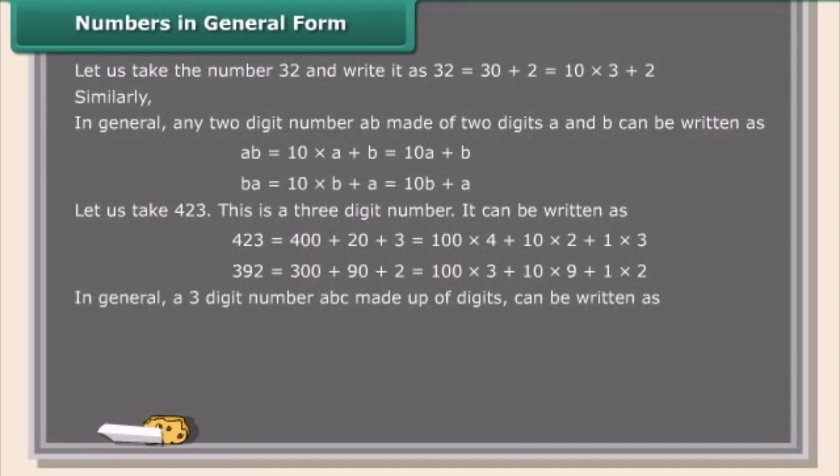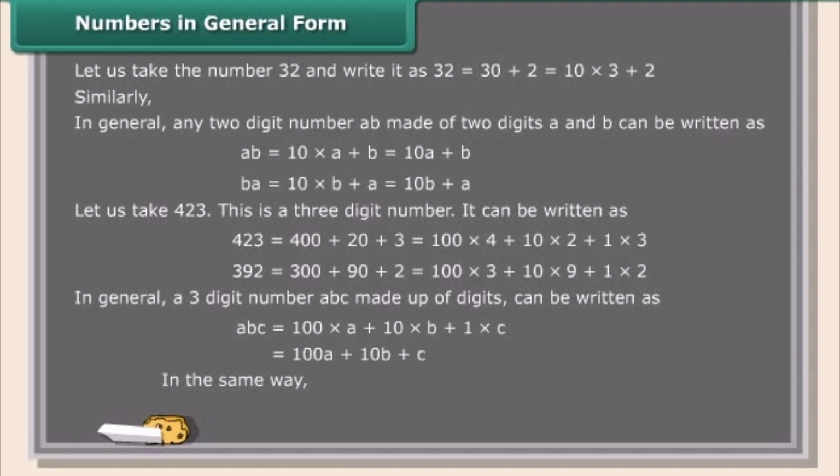In general, a three-digit number ABC made up of digits can be written as ABC = 100 × A + 10 × B + 1 × C = 100A + 10B + C.